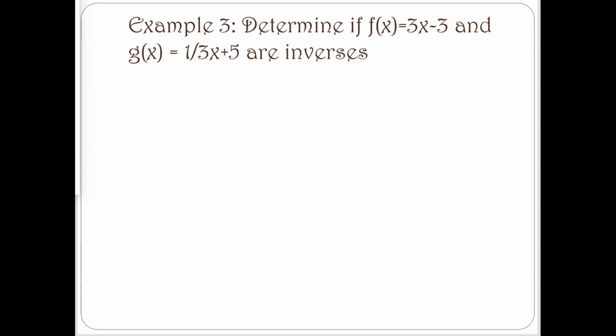So let's start with f of g of x. That means I'm plugging g into f. So we're going to have 3(1/3 x plus 5) minus 3. So distribute your 3 and you get x plus 15 minus 3.